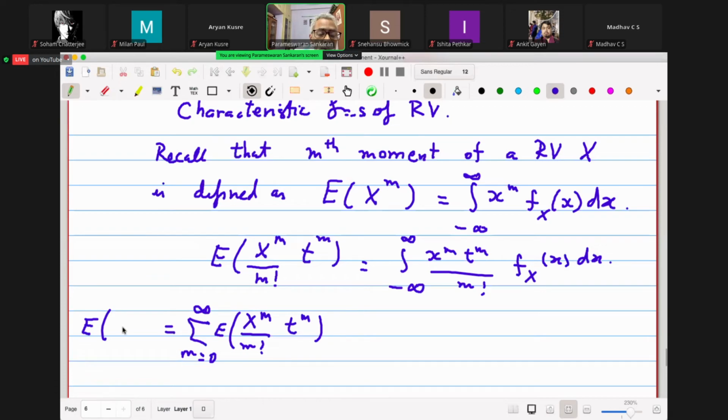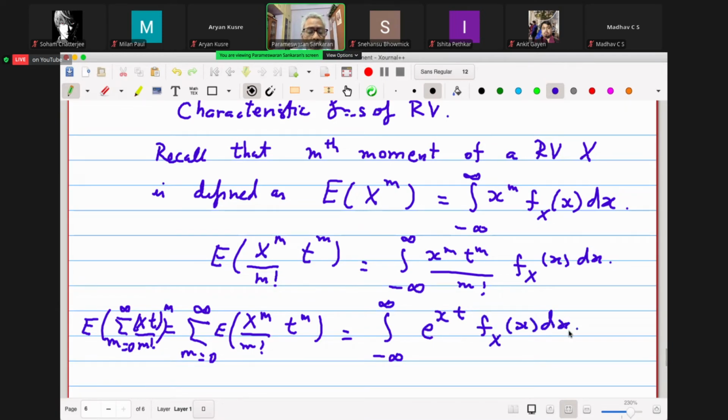Then you have this summation over m going from 0 to infinity of (xt)^m by m factorial. This is the same thing as the integral from minus infinity to infinity. You put all this sum inside here, and you get e^(xt) fX(x) dx.